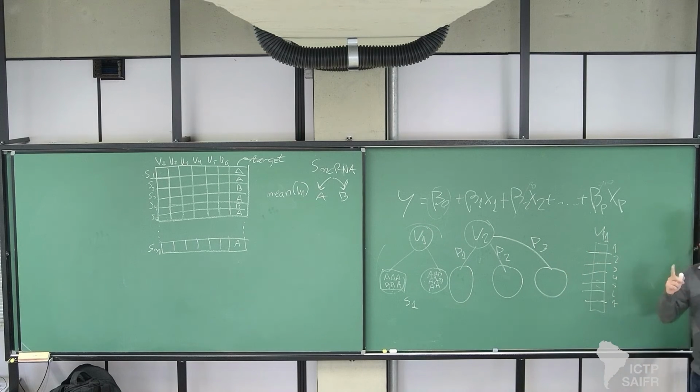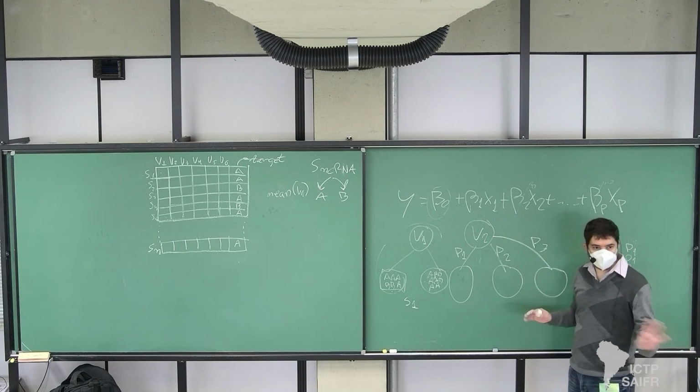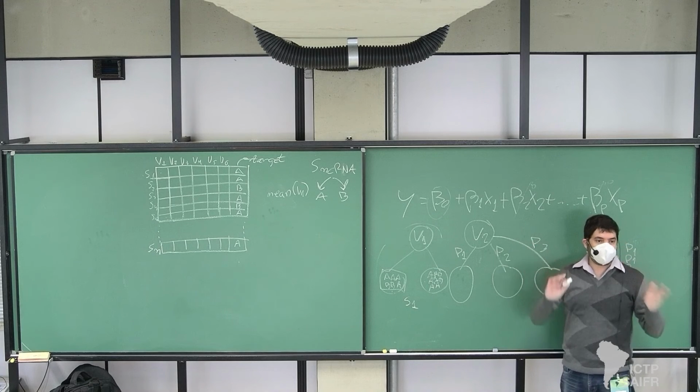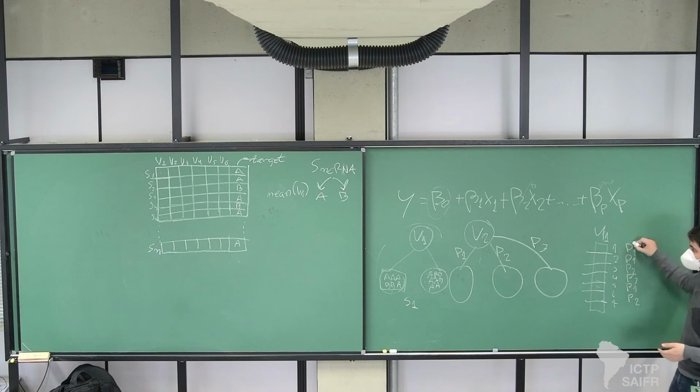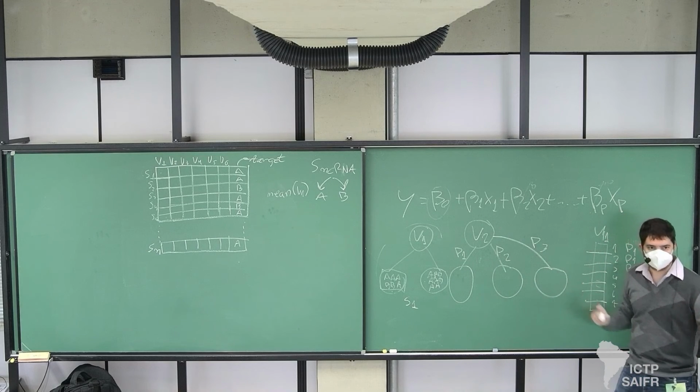However, if V1 has categorical attributes, I don't know, only P1, P2, and P3 categorical values, then I don't have to make all these divisions. I already have the test performed here. For all the samples, I only have to check if the value of V2 is equal to P1, P2, or P3.